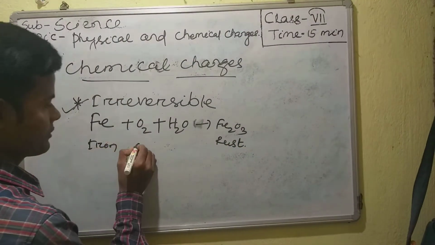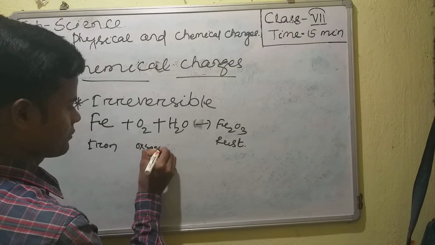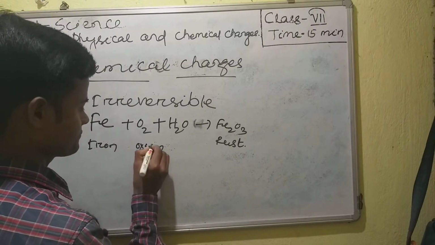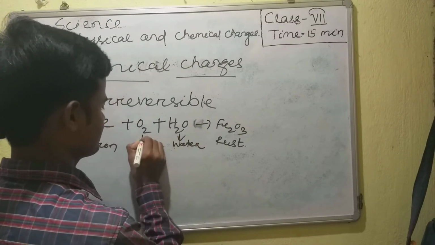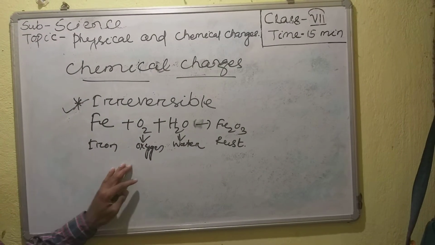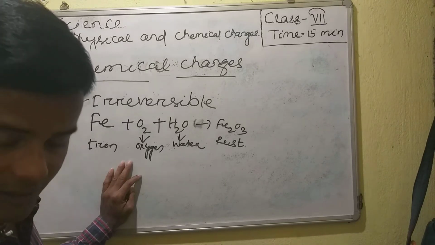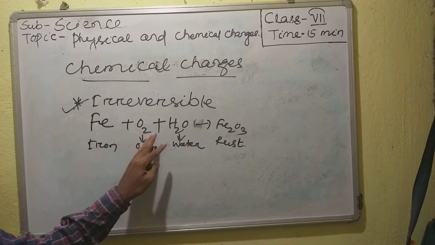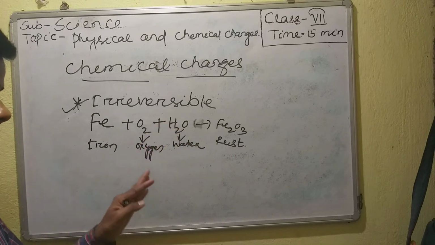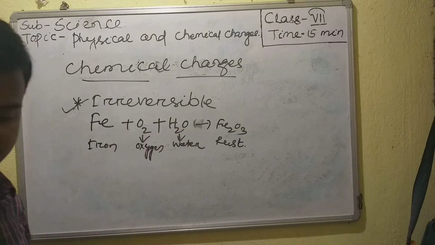It is iron, it is oxygen, and it is water, right? So for this rusting, we can say that oxygen and water are essential, meaning necessary, right?